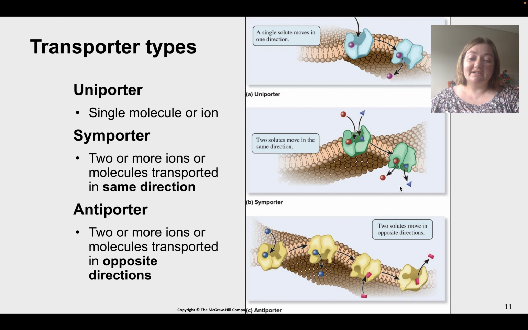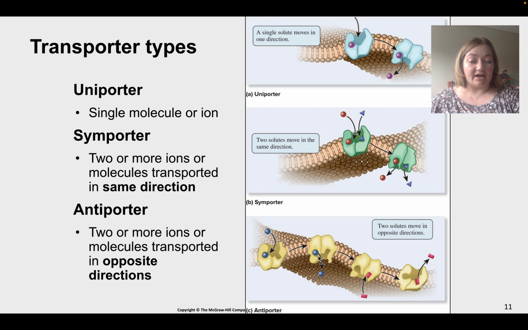Finally, we have what's called an antiporter. Now, this one also moves two or more different ions or molecules, but it moves them in opposite directions. So again, if we look at the image, we see this blue molecule is entering on one side and being released on the other side.